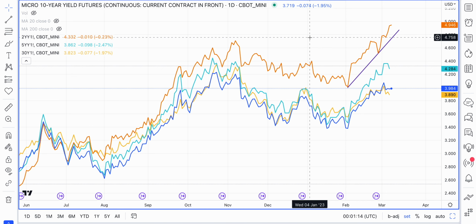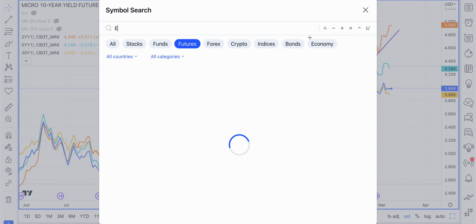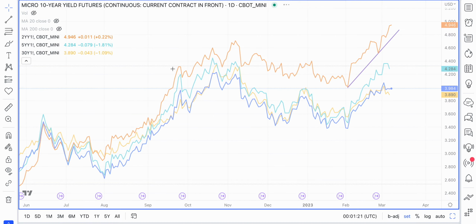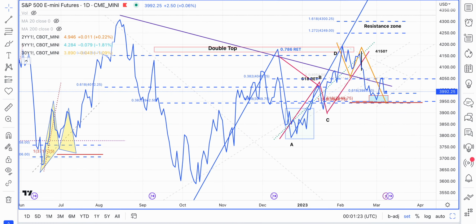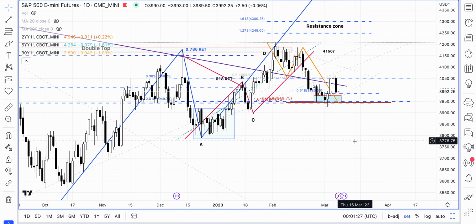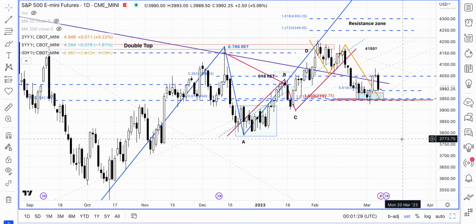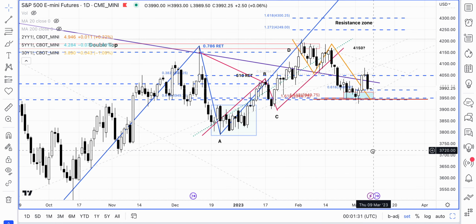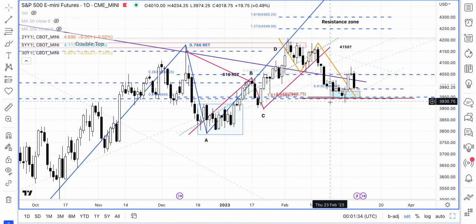So let's go back to our indices. Let's take a look at ES. Let me make this a candle chart. So this is the daily chart of S&P 500 futures. Here, guys, what is really key is this level, 39.46. That's where we had a confluence of patterns and Fibonacci ratios come together.